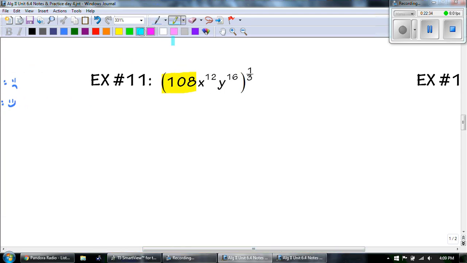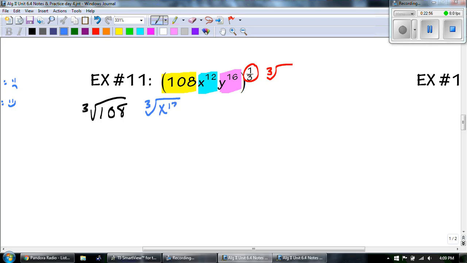So I'm breaking it down. I'm looking for my 3 parts, and then 1/3 is the cubed root. Okay? So I have the cubed root of 108, the cubed root of x to the 12th and the cubed root of y to the 16th.